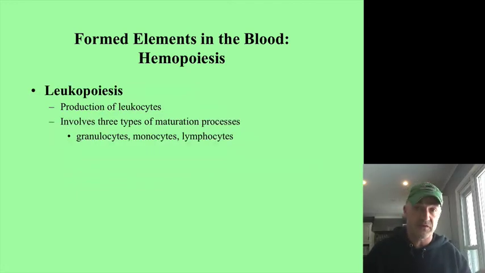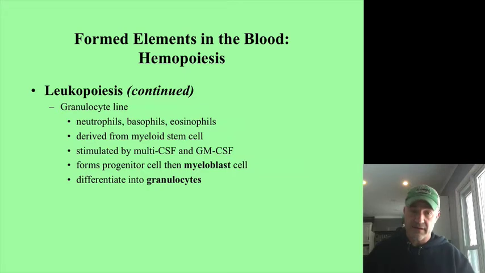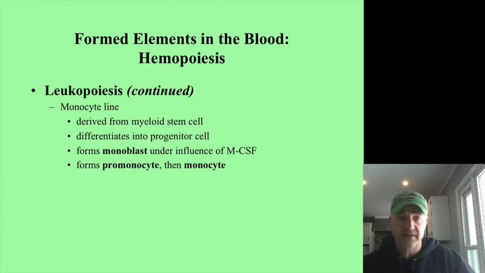Leukopoiesis refers to production of the leukocytes, both the granulocytes and agranulocytes. The granulocyte cell line of the eosinophils, basophils, and neutrophils comes from that myeloid stem line, while the monocyte cell line is really just going to be those monocytes that become macrophages.